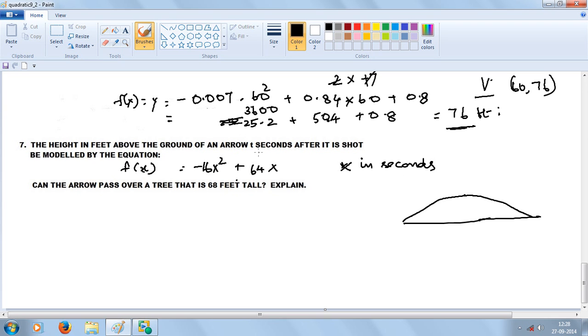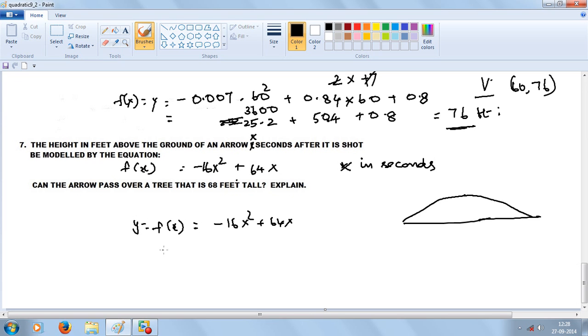The arrow x seconds after it is shot is modeled by the equation. Oh sorry, it is not t seconds, it is x seconds. We have changed the problem. So y is equal to the function f(x) equal to minus 16x squared plus 64x.